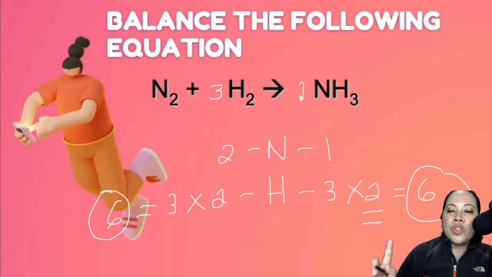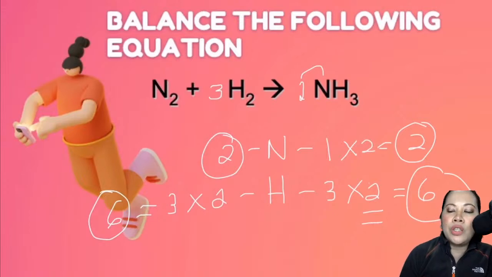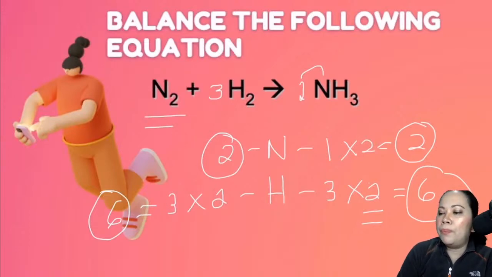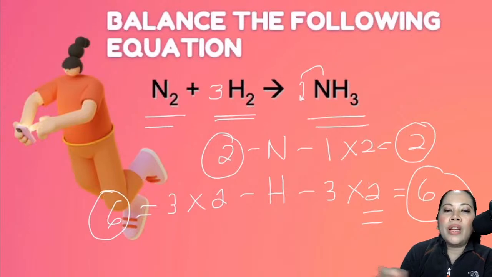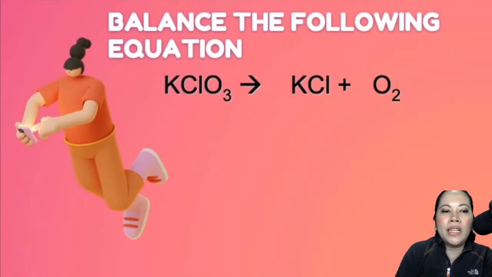Let's check if nitrogen will be balanced. 1 times 2 is also 2, which becomes balanced. So the balanced equation will be 1 diatomic nitrogen gas, 3 of your H2, and 2 of your NH3. And our last example for our science tonight, before we play.